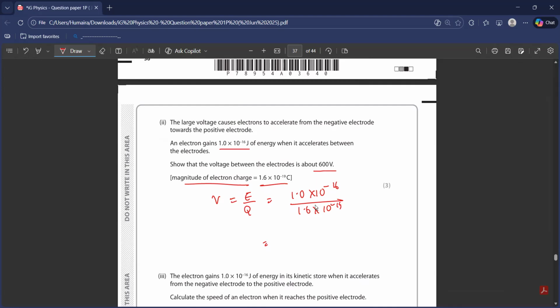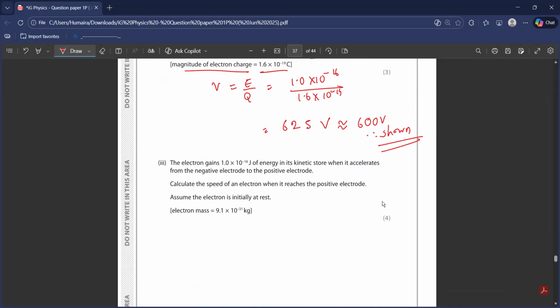Let me put this in the calculator. It's 625 volt. We are supposed to show this much, so we use the approximation sign and then 600 volt, therefore shown.